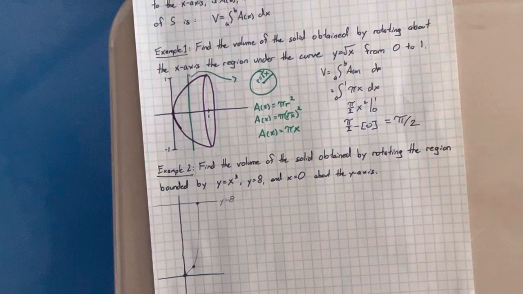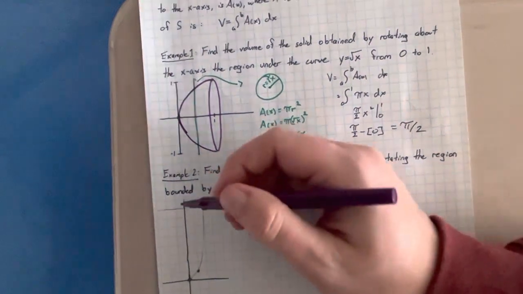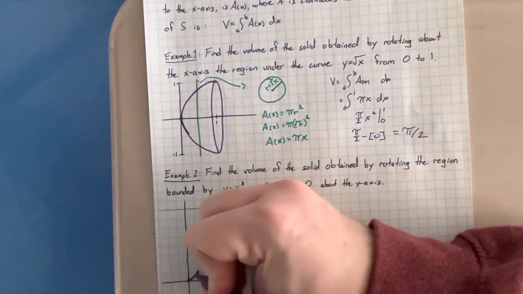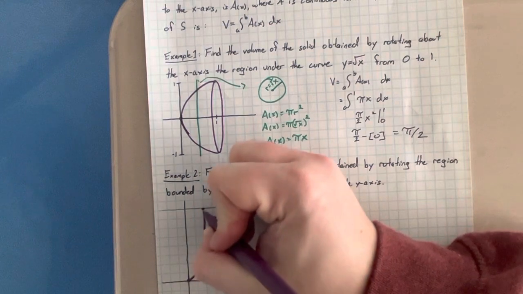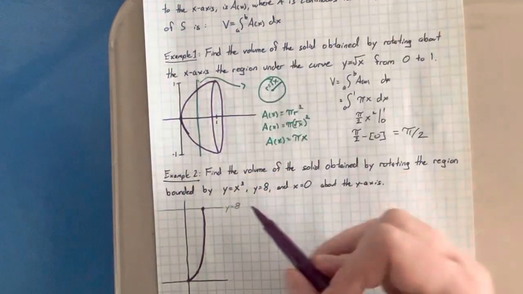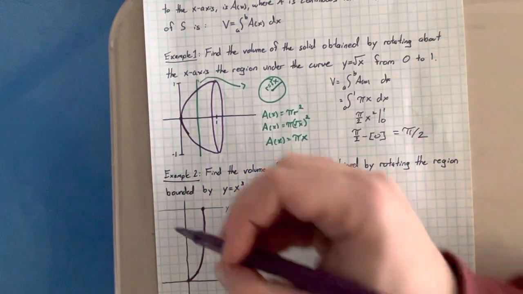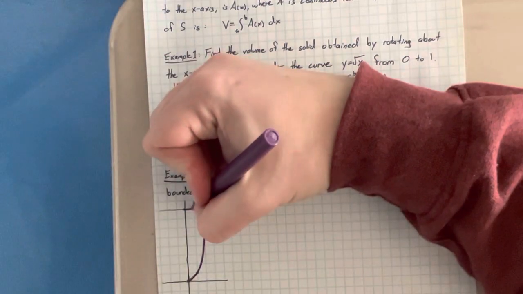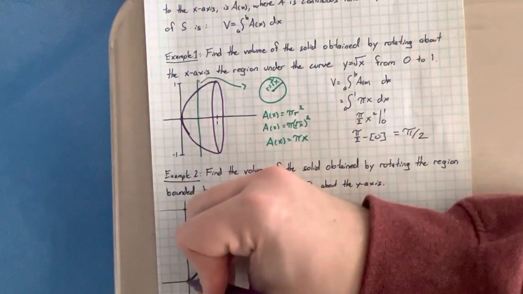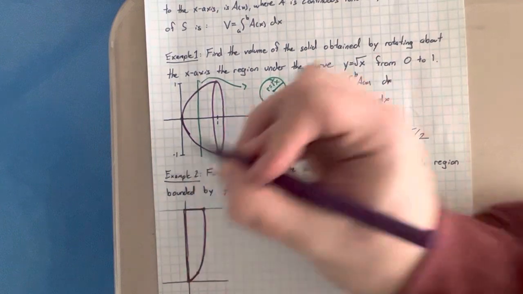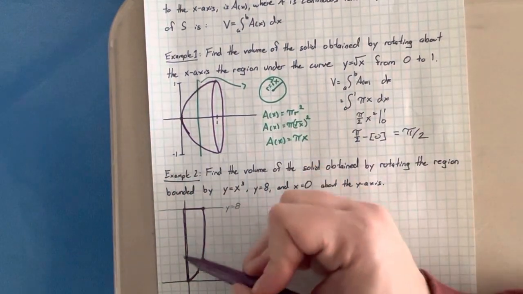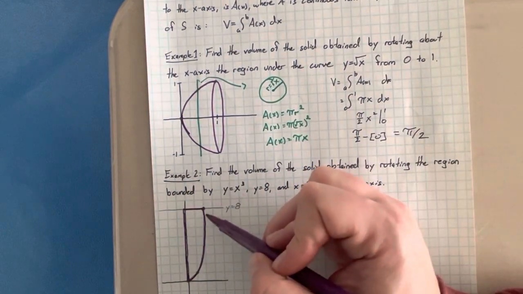So our function here is the cubic, which I have drawn here. But then notice it says it's also bounded by y equals 8, which is this one. And what is that? x equals 0. So we have this shape specifically.